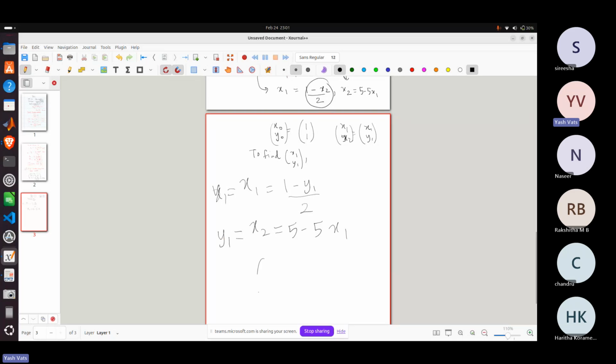So your next iteration value is x1 y1, which is 1 minus y1 by 2, and y1 is given to you as 1, so it is just 0. And here as well x1 is your 1, so it is 0.